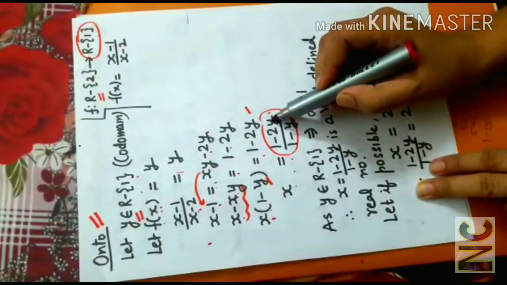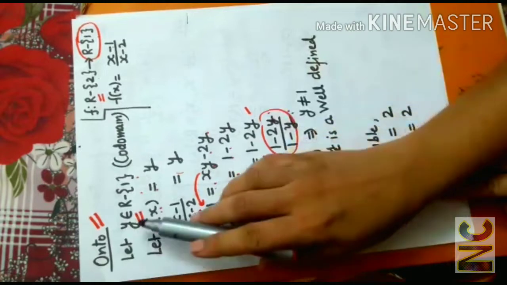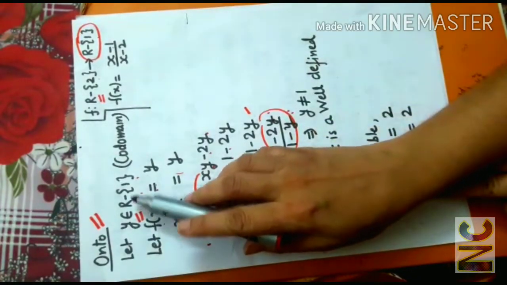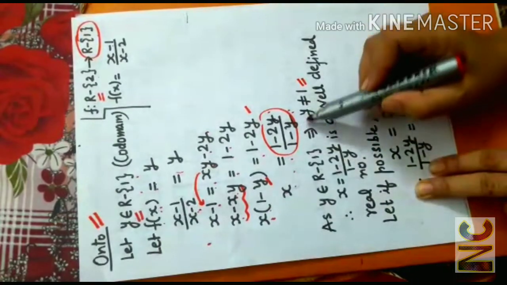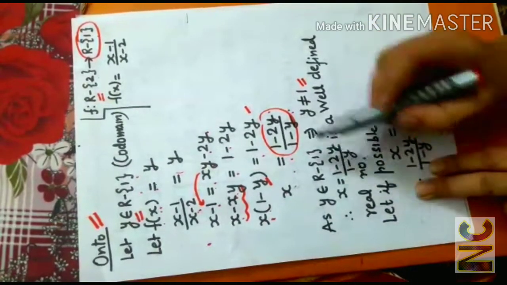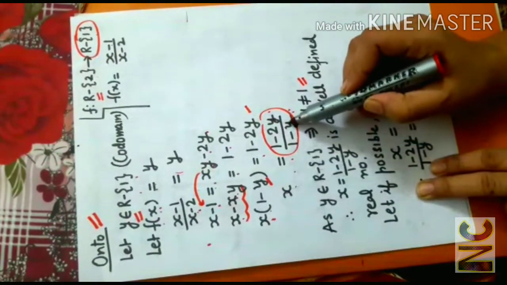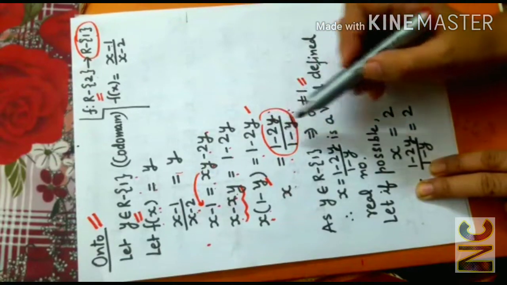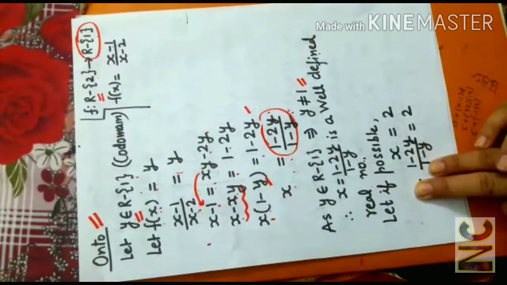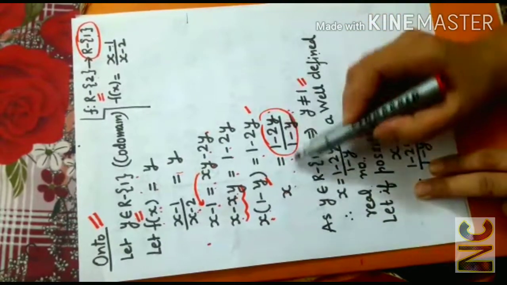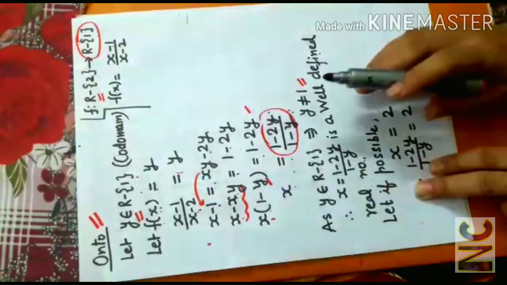Now this y belongs to the codomain. That means y is a real number not equal to 1. As y is not equal to 1, the denominator will not be equal to 0. So this is a well-defined real number. So one thing is clear, that x is a real number.